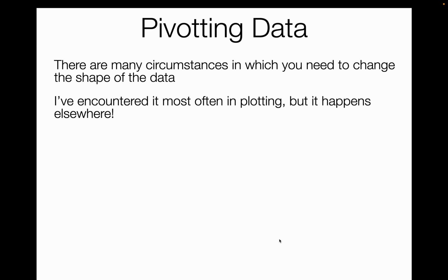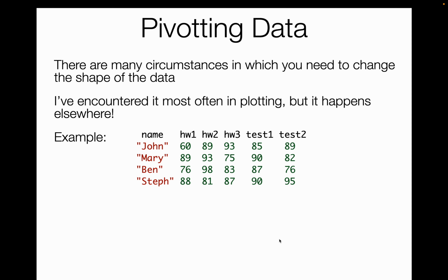Now, there are many circumstances in which you need to change the shape of your data. Where you'll actually use pivot longer and pivot wider most is in plotting, I think, but we saw it in a grades example before. So here is another grades example.